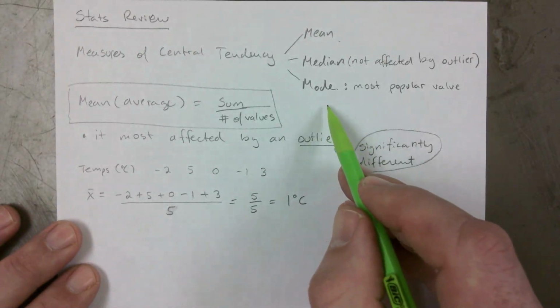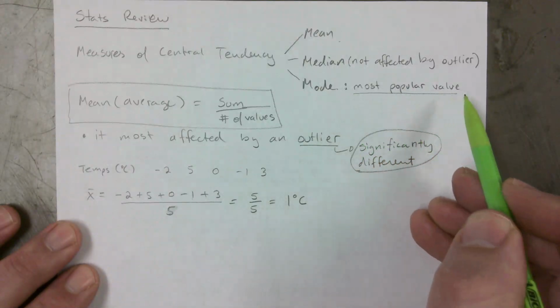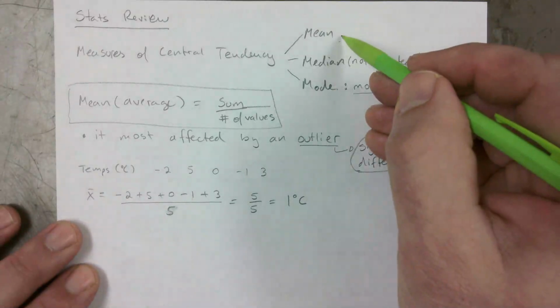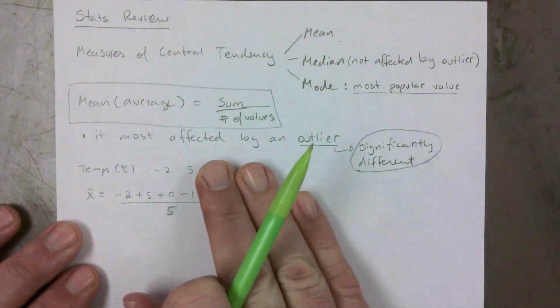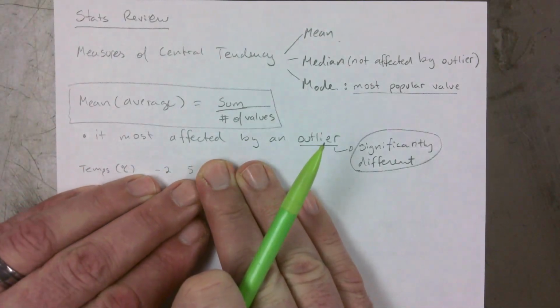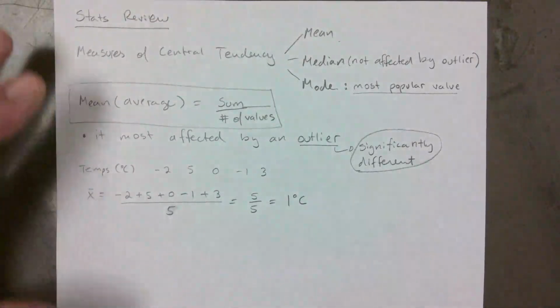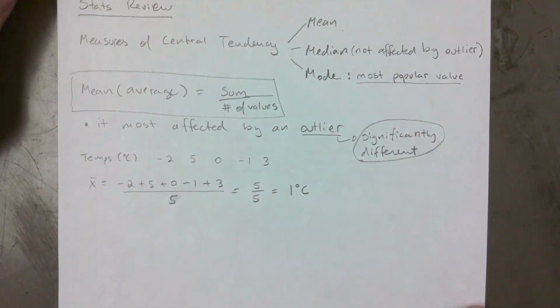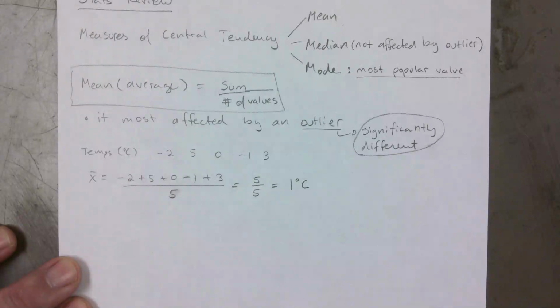Most popular value; mean is add everything up divided by the number of values. And remember, you can find the average of just two values: -2 plus 5 divided by 2. That also works, and you'll see that when you work in precision measurement. So mean, median, mode, we've covered it.